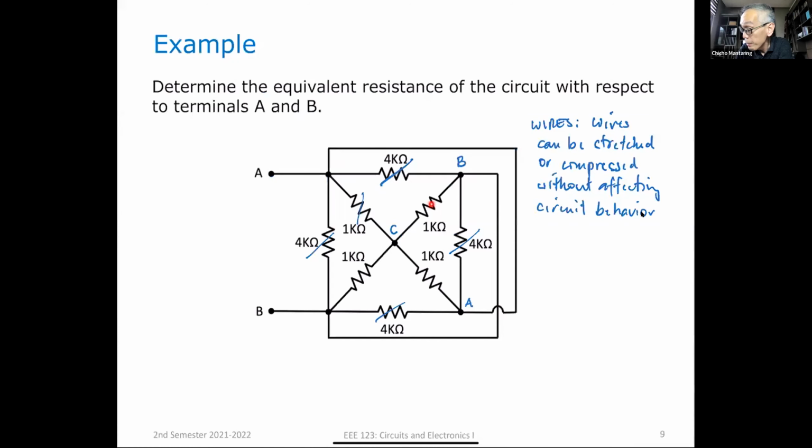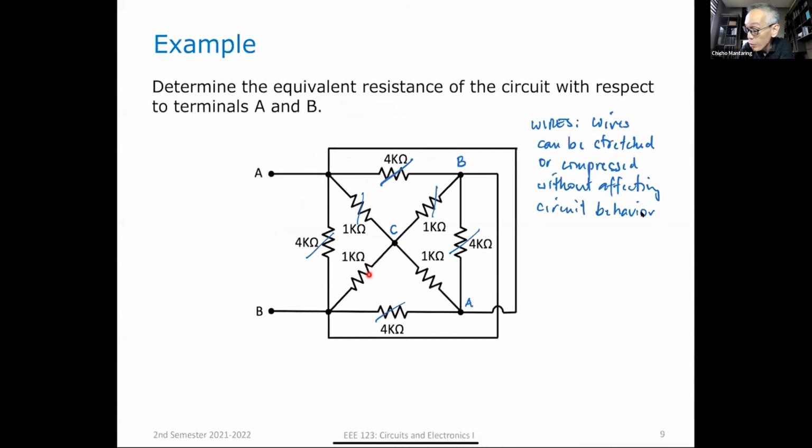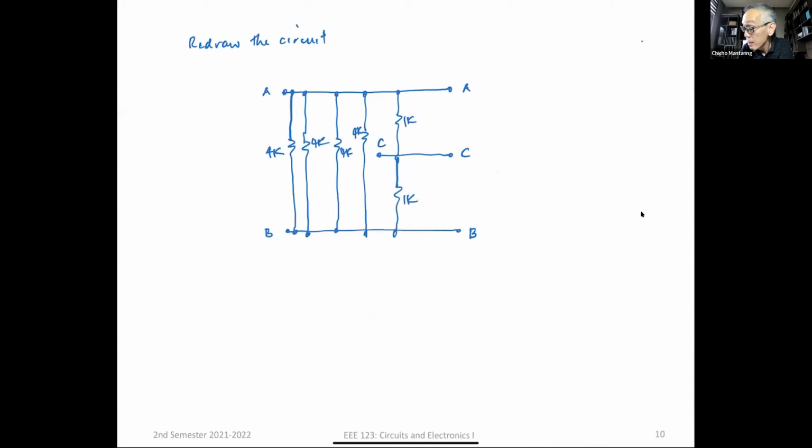This resistor is between B and C. That's between B and C. This resistor is between B and C. And this resistor is between A and C. So I have another one between B and C. And I have another one between A and C. Okay. Now, do you see which are in series and which are in parallel?